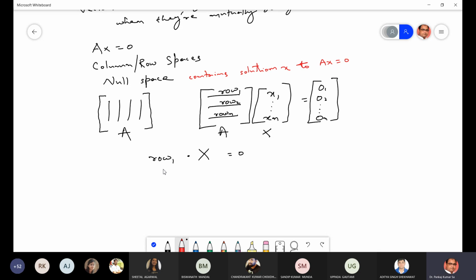And the row space is orthogonal to null space. So the point is that it is not only the vectors which are orthogonal, the span of those independent vectors can also be orthogonal.